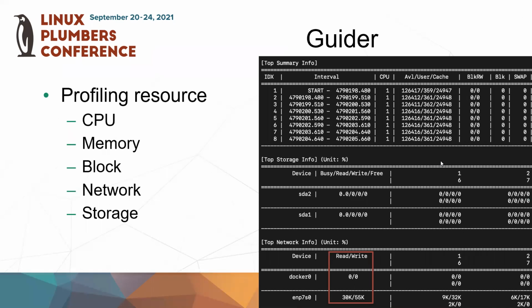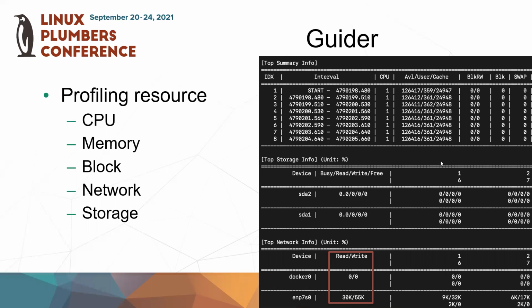CPU usage, available memory, block I/O, swap usage, memory reclaim size, running tasks, and network usage are summarized in each line for each interval. Because of screen length limitation, some fields were truncated.